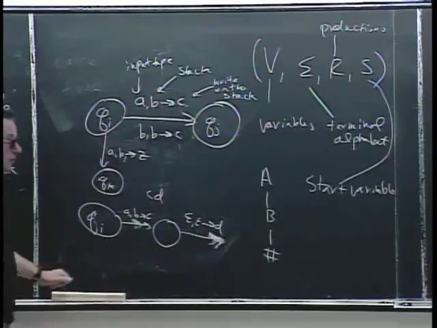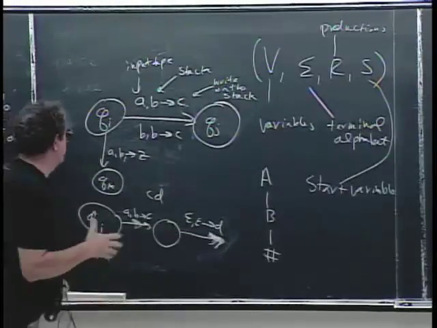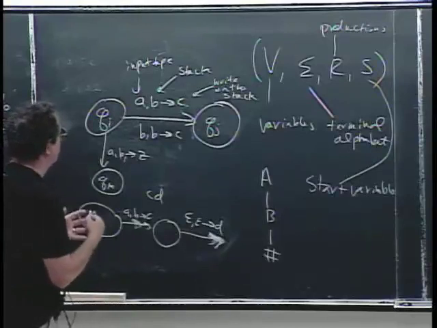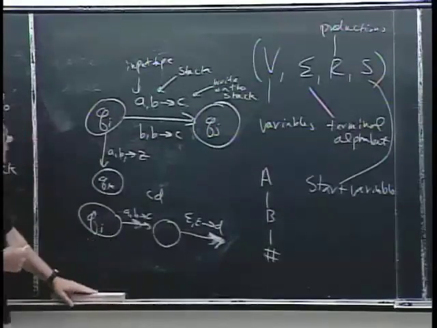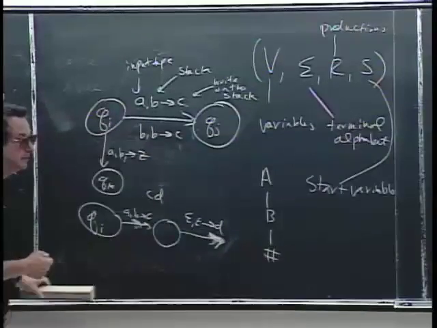If you're doing your homework and you clearly explain what you mean by some other notation and it isn't too bizarre, you could probably do that. I think Sean could understand that. But in terms of the formality of what a PDA is, this is the way it's defined.